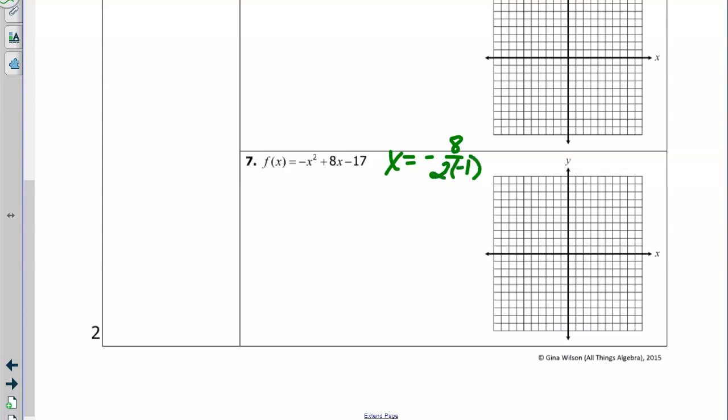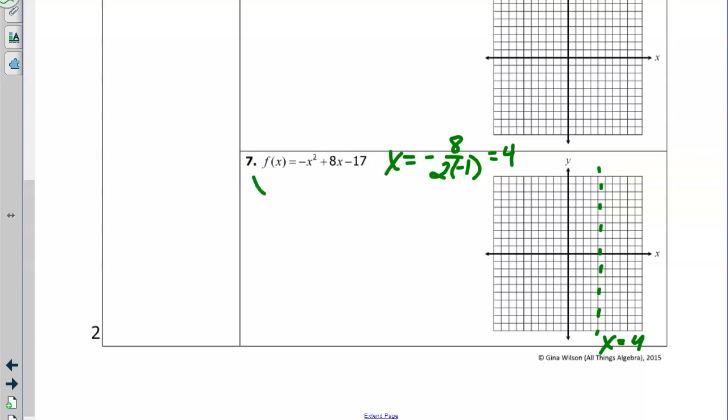So what is my line of symmetry? We have negative 8 divided by 2 times negative 1. So not negative 4, but positive 4. Yep. Over here, 1, 2, 3, 4.